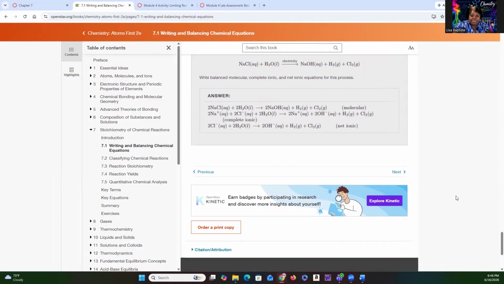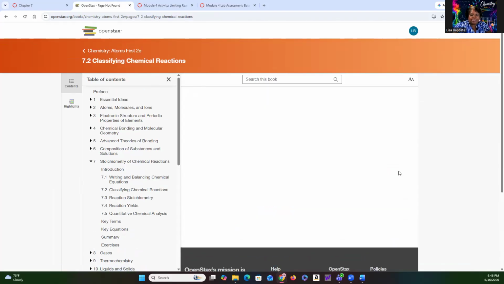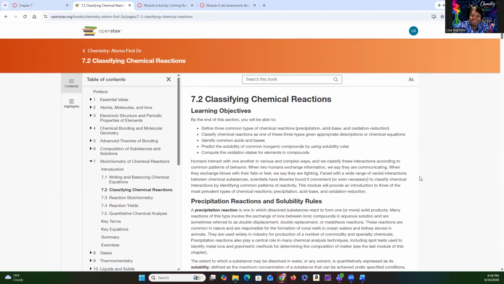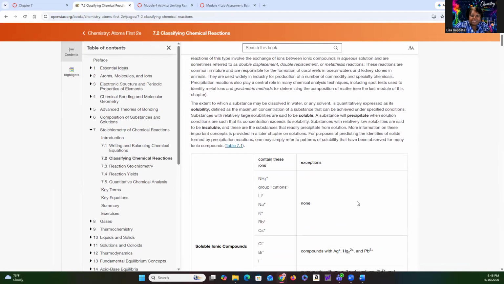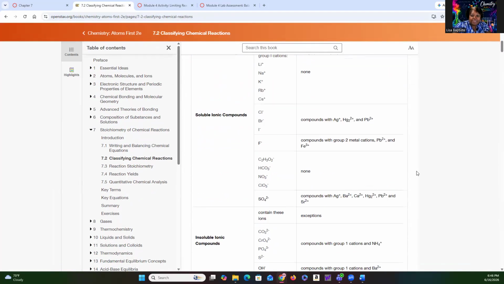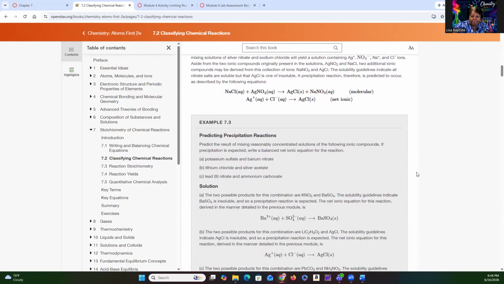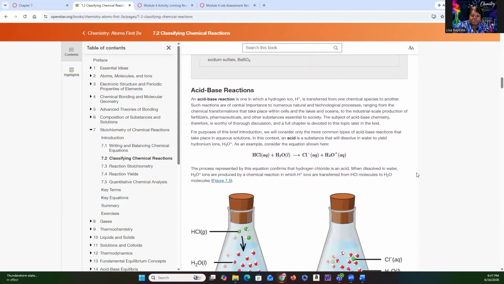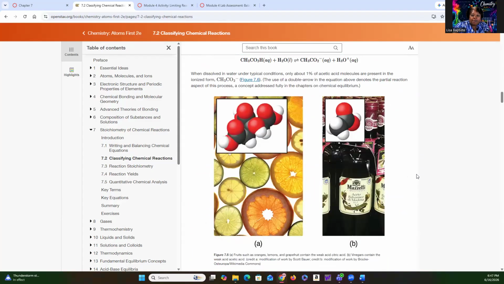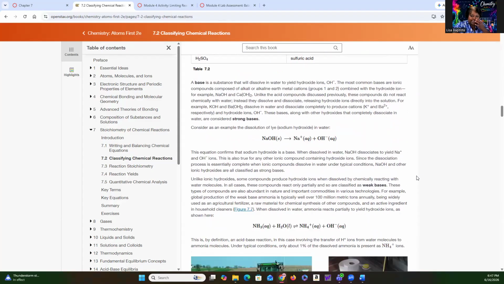And then there are some examples that you can practice. I strongly suggest that you practice them, all right? So next we're going to look at classifying chemical reactions. This information, you can just go through and read it. Very important because you will be tested on identifying different types of reactions, okay?